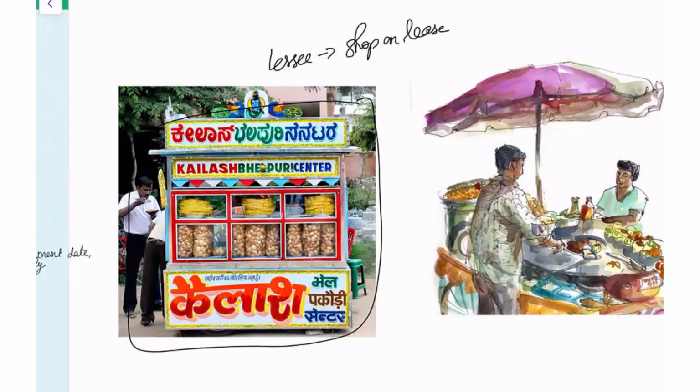Suppose I've taken this shop on lease for 5 years from the lessor. So for the 5 years, for using this particular stall or shop, I have to pay the lessor some rent, or what we call lease payments. So how are we going to calculate the value of lease payments? We are going to understand now.